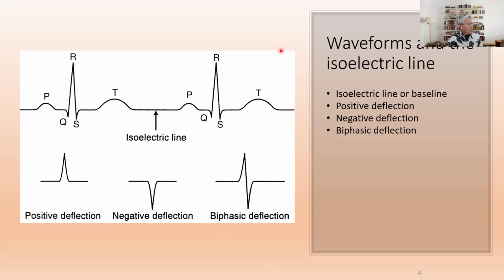So usually when you view it from here and the movement of electrical current is going like this, it's going to be a positive deflection. Or if your camera is here and the movement of electrical current is going away, it's going to be a negative deflection. Similar to a camera.